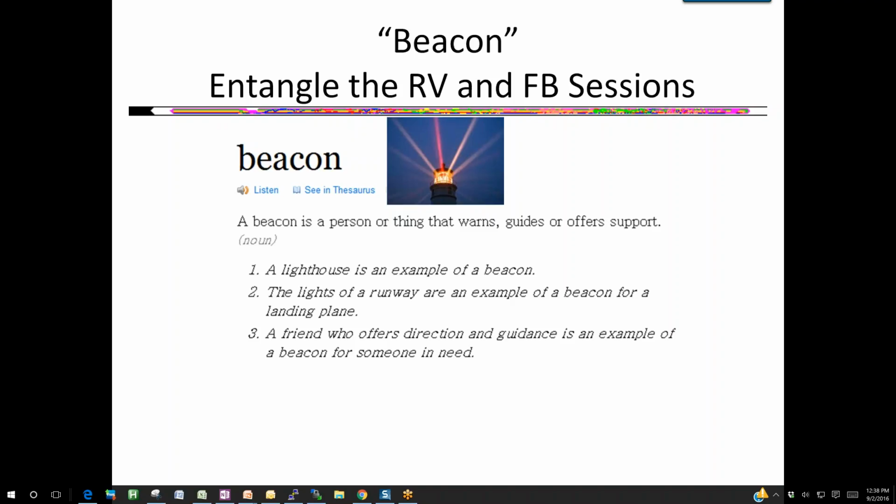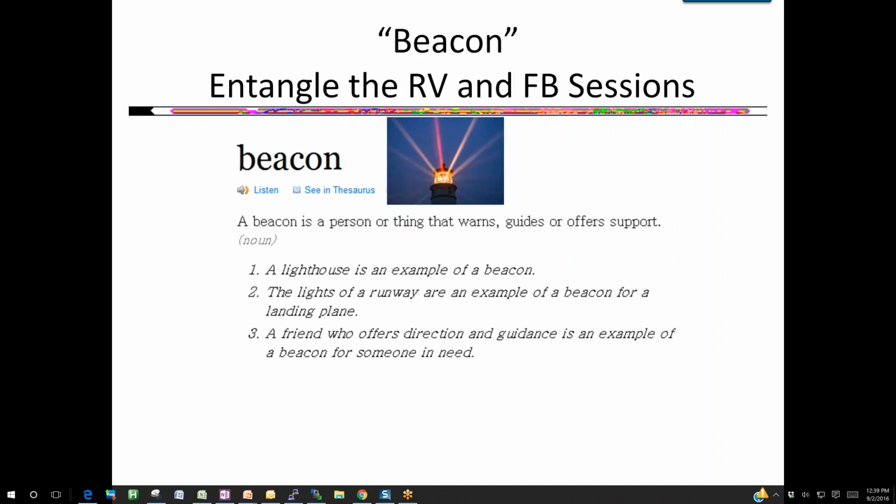Okay, so how do we indeed tune in to the correct feedback target? What do we do? How do we entangle at remote viewing time with our feedback session? I believe that this tool that I'm now going to focus you on is one of the important answers. It's part of the important answer when you fully understand it.